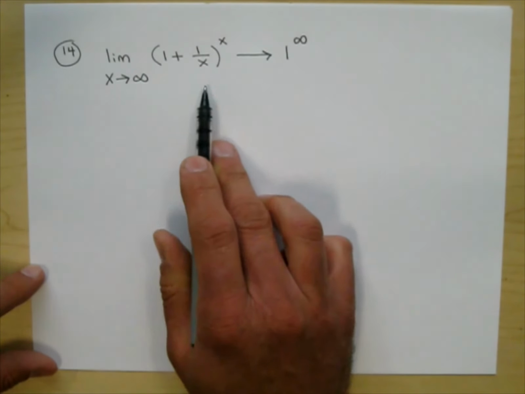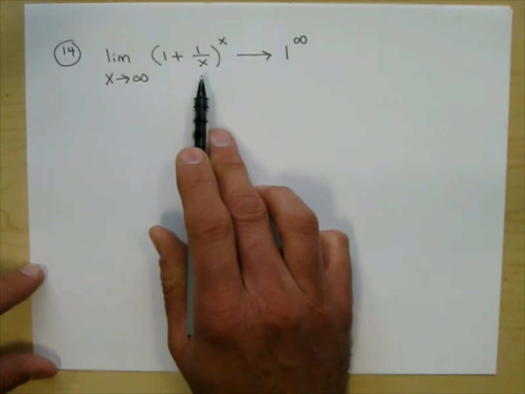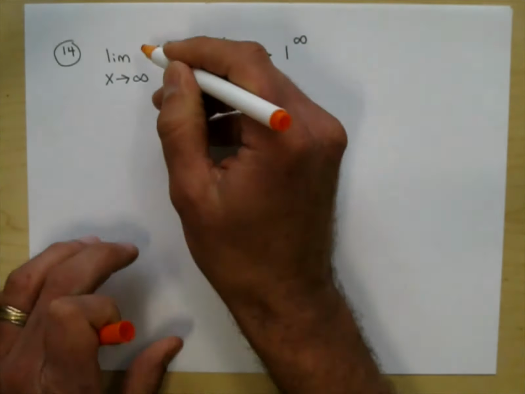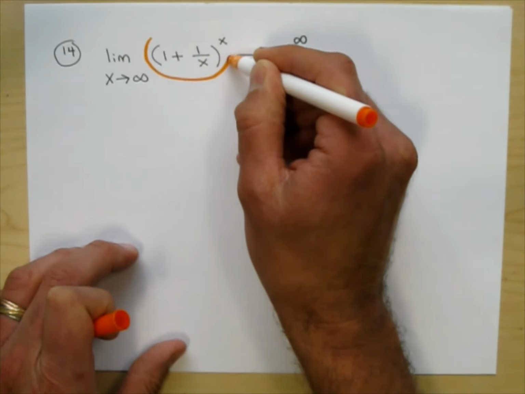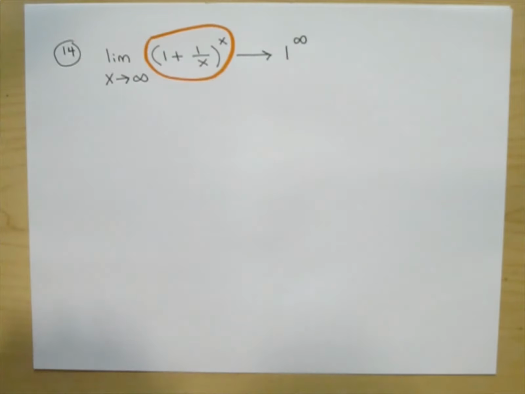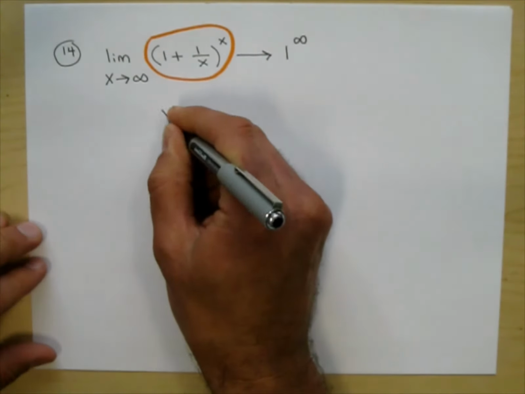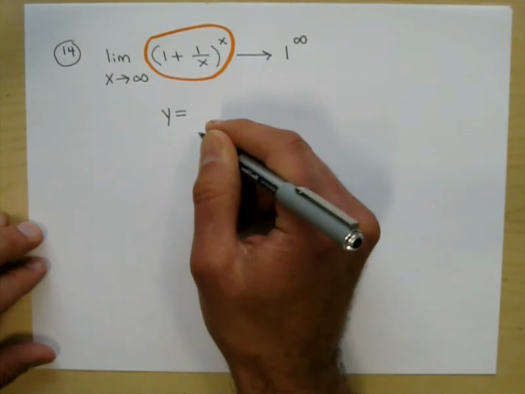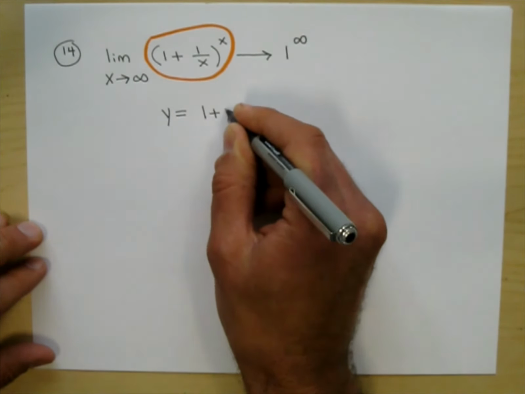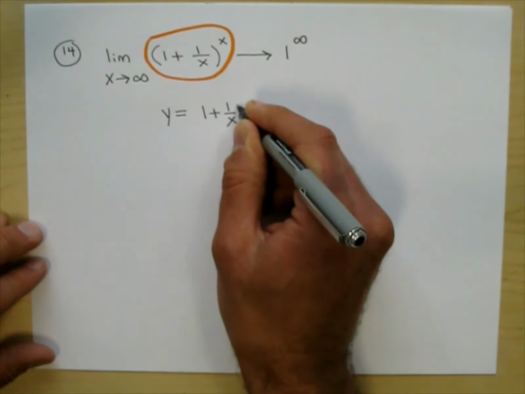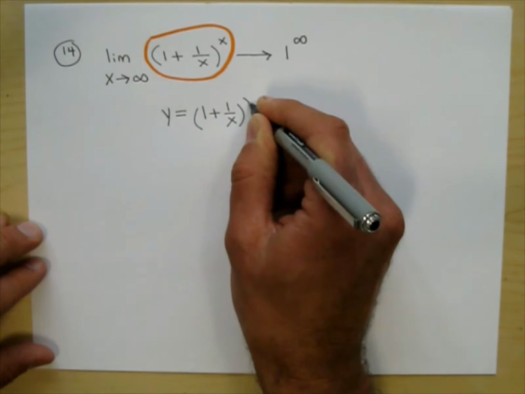We've got to do some tricky stuff. So I'm going to label this expression right here y. So y equals 1 plus 1 over x raised to the x power.